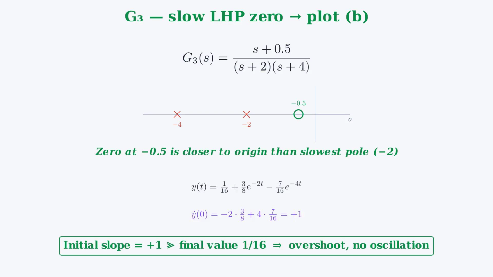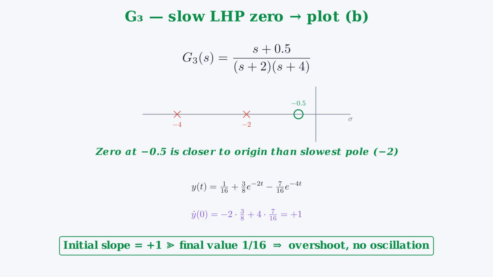Time domain response: y of t equals 1/16 plus 3/8 times e to the -2t minus 7/16 times e to the -4t. The initial slope is the derivative at 0: -2 times 3/8 plus 4 times 7/16, which equals +1.